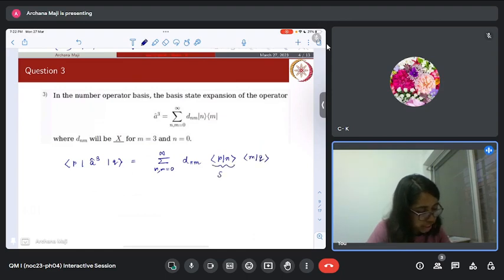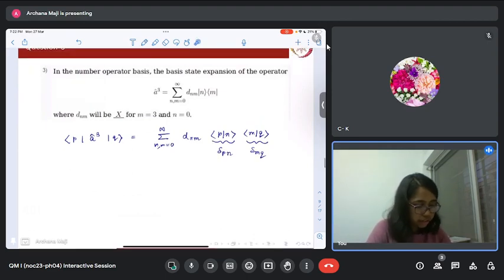Now this is delta_pn, this is delta_mq. Again, that property that this summation will be non-zero only when m equal to q and n equal to p. So the summation goes away and n has to be replaced with p, m has to be replaced with q.